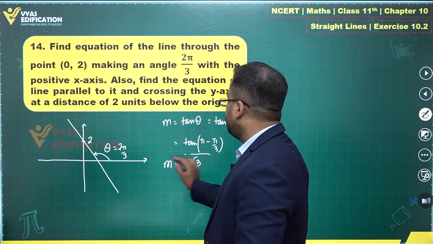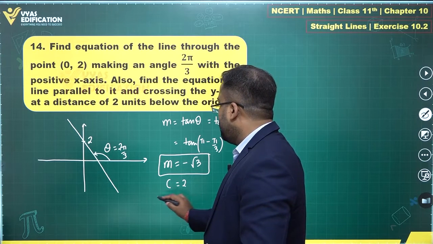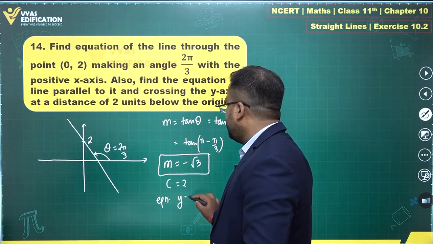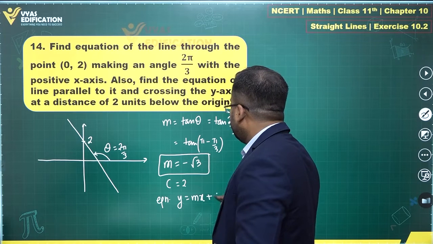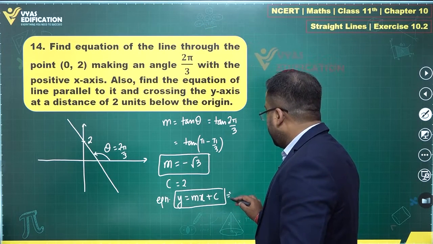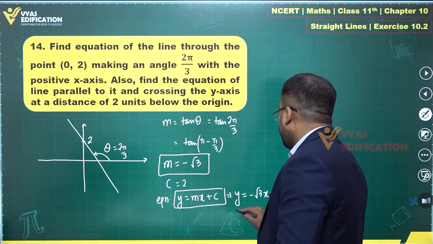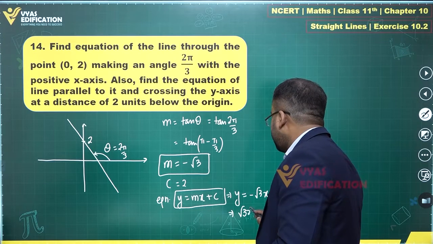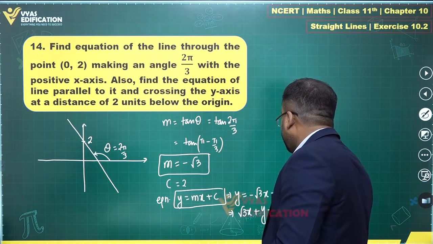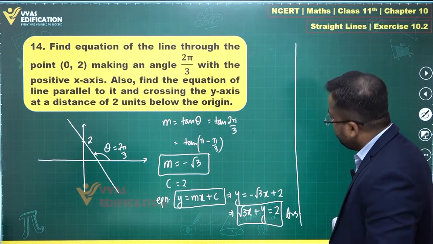This tells me m is equal to minus root 3. The y-intercept c is equal to 2. The equation becomes y is equal to mx plus c. Using the slope-intercept form, y is equal to minus root 3 x plus 2, or root 3 x plus y is equal to 2. This is my equation, the first part.